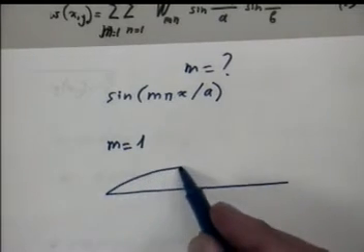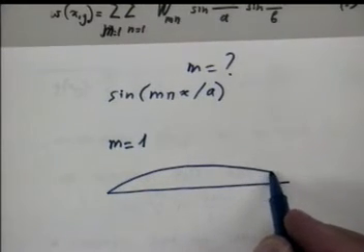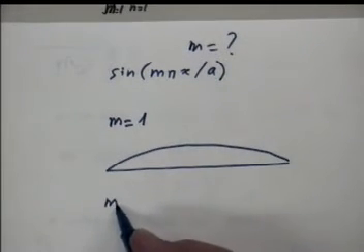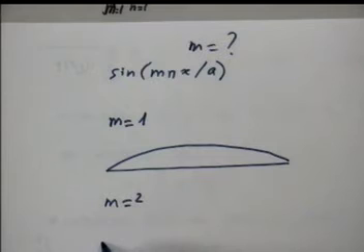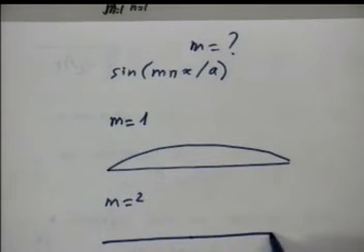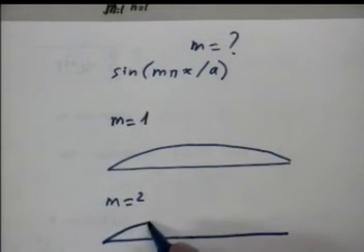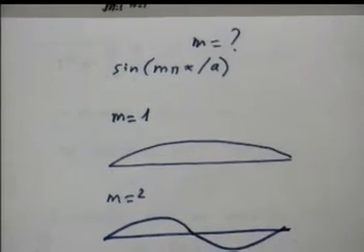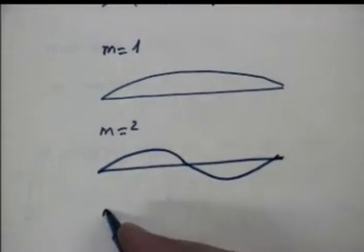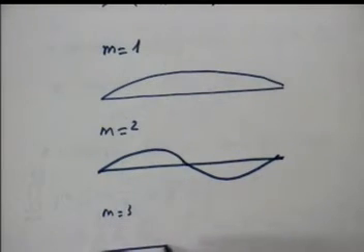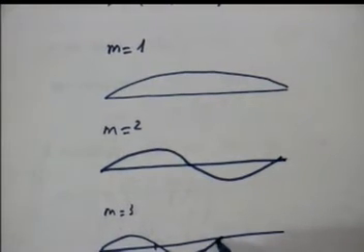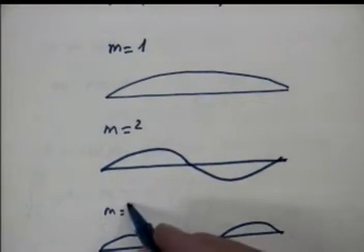This is this function. Such a function. Now if m equals 2, it is this one. And m equals 3, that is m equals 3.